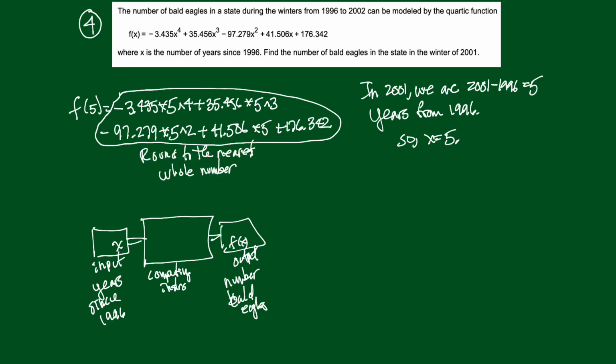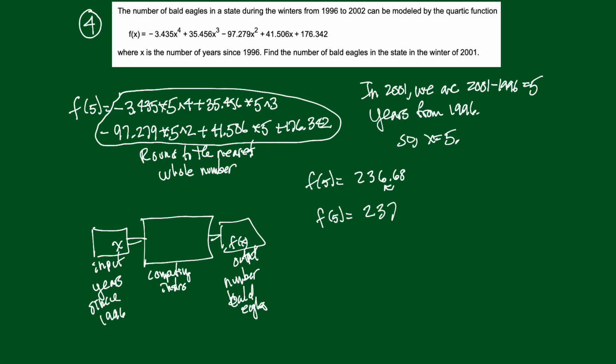Now when you get a number, you're going to round it to the nearest whole number. We're counting the number of eagles. You can't have a fraction, so just round it to the nearest whole number. When I computed this, I got 236.68, and if I round it up, f of 5 is 237.